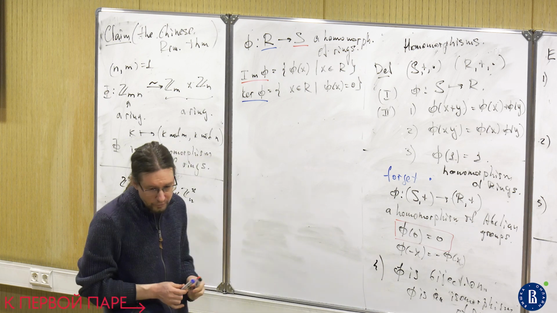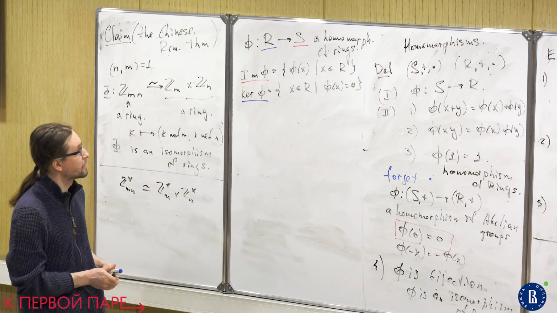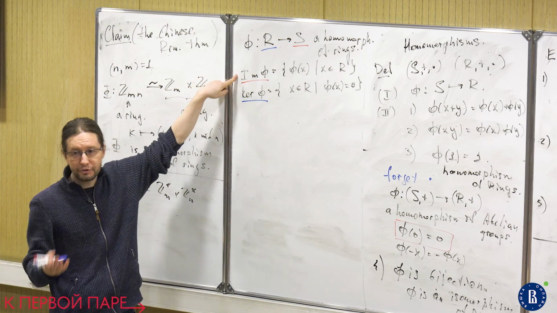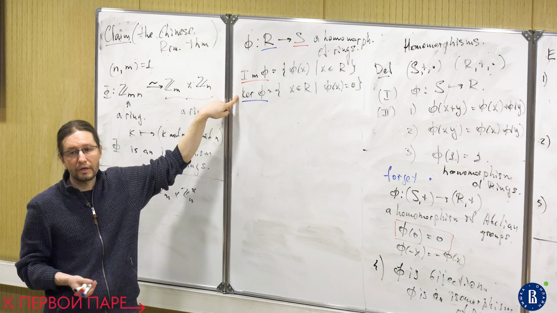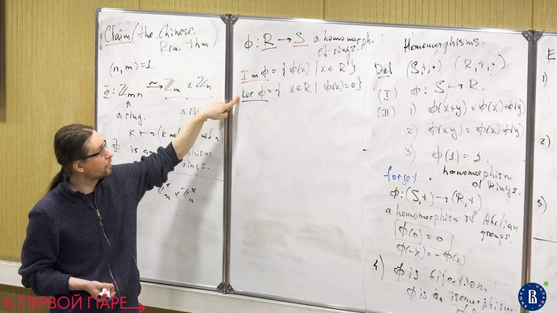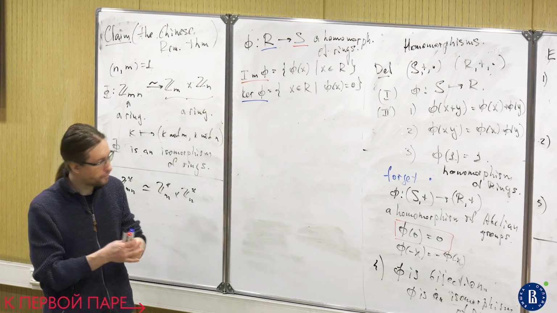Now, what are the properties of these subsets? In case of groups, if you remember, the image was an arbitrary subgroup and the kernel was a normal subgroup. Here, the image will be a subring and the kernel is an ideal.